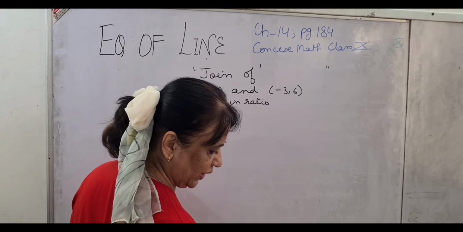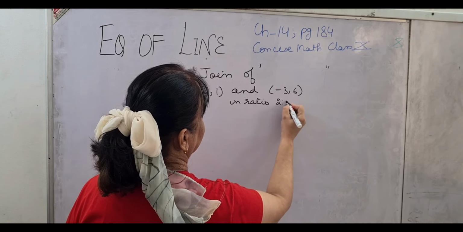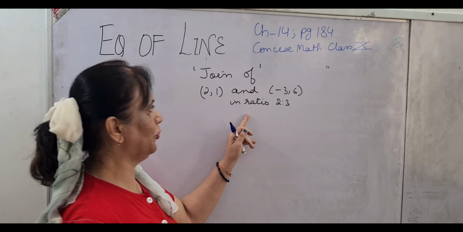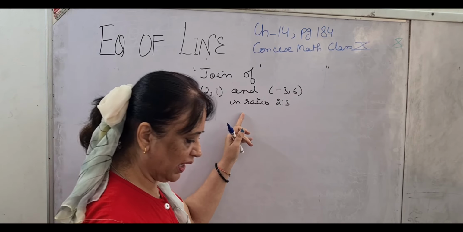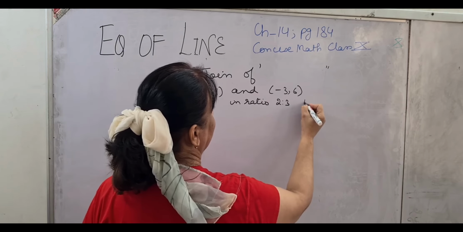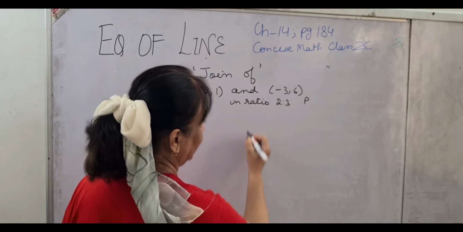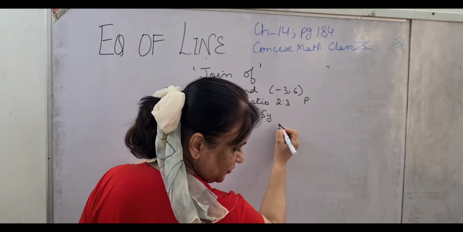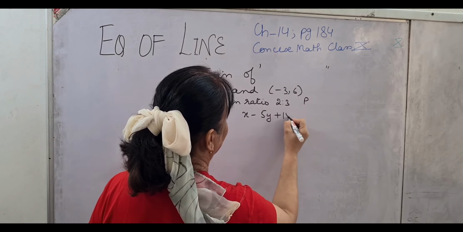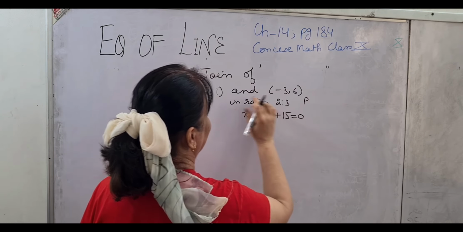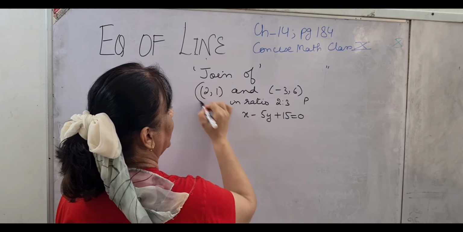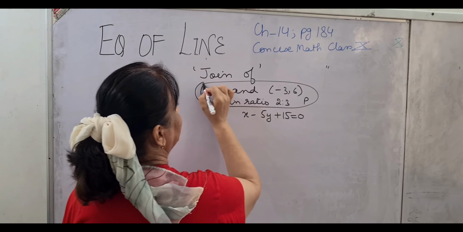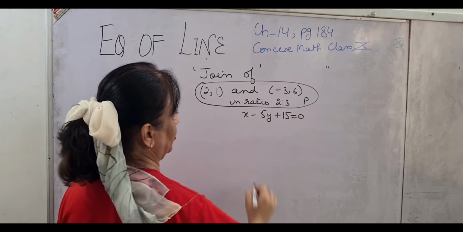So you have to find the point first, which they have termed as P, which lies on the line x minus 5y plus 15. You have to find whether the point which I get from this upper condition lies on the line. You know what to do.